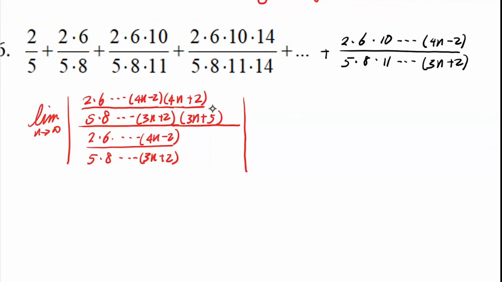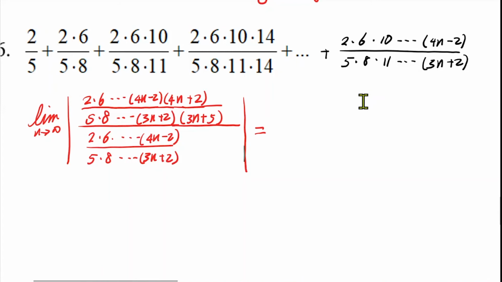Redemption is nice, isn't it? So that's what's going on in a ratio test. And then you see everything else cancels. These are like factorials in a way, but not going up by one. This thing is going up by 4, and this thing is going up by 3, but they are nevertheless factorial-looking thingies.